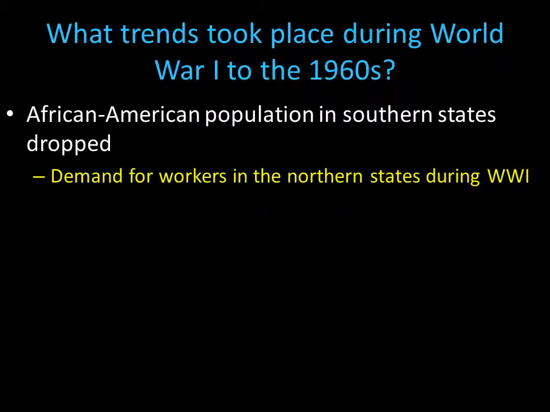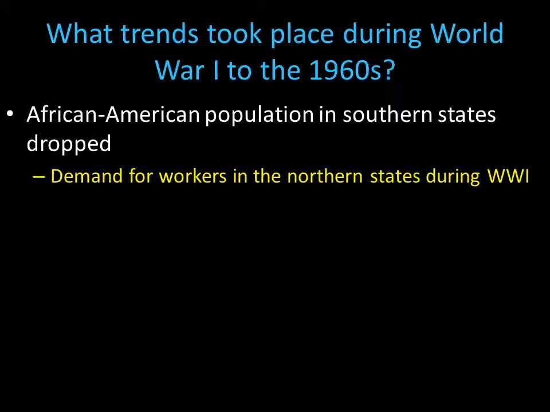During World War I, all the way into the 1960s, there is going to be a huge demand for workers in northern states, in the factories in northern states. During World War I, in which millions of men were entered or drafted into the military, there was a shortage of labor in the northern cities, so much of a shortage of labor that immigration from Europe was pretty much at a standstill.